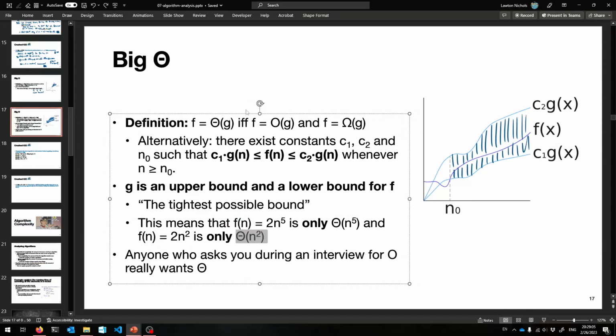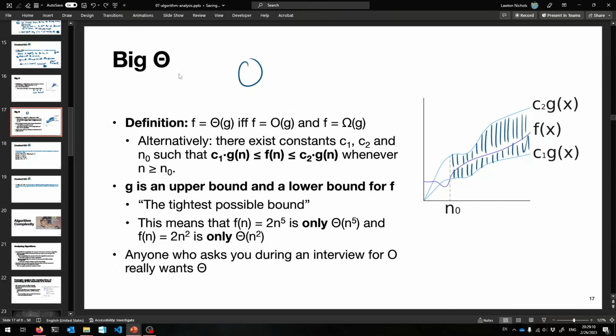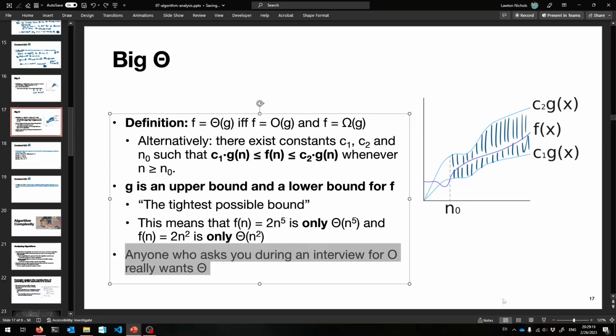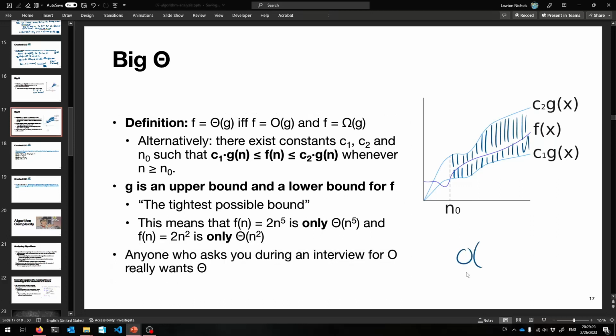And instead of writing an extra little dash in between our O's, we usually write big O and we say big O, but anybody who's asking you anything about your algorithm's complexity is really asking you for big theta, even if they say big O. So if somebody says, what's the big O time complexity of this algorithm in an interview, they are asking what is the big theta time complexity of this algorithm, because obviously you could just say, oh, it's big O of 2 to the n, some horribly fast-growing function, and it would be correct for big O, but you wouldn't get the job, okay?